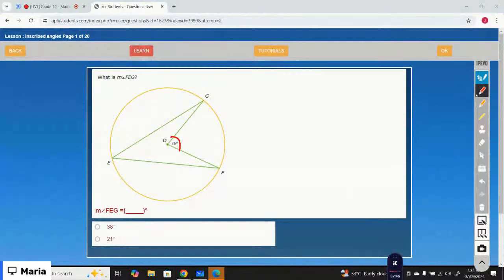The correct option is 38 degrees. One is the correct option, right?